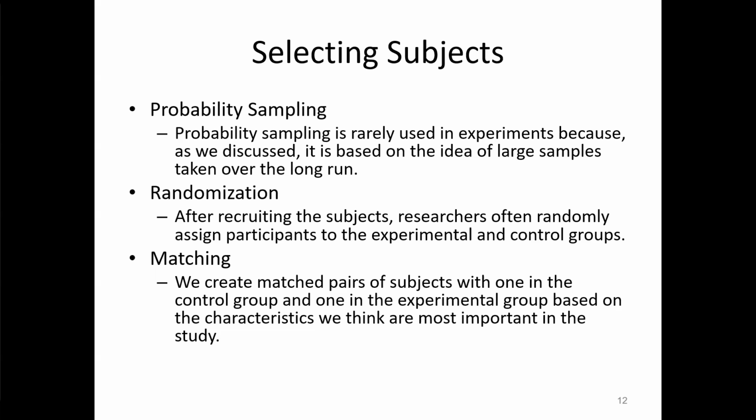After recruiting the subjects, researchers will randomly assign participants to the experimental group and the control group. And while we can't assume that they are exactly alike, we can assume that they're reasonably similar to each other because they were randomly assigned. And again, large numbers of subjects are best with randomization. It can be difficult, if you have small samples, even if you're randomly assigning them, not to get some sort of a weird sample out of it.